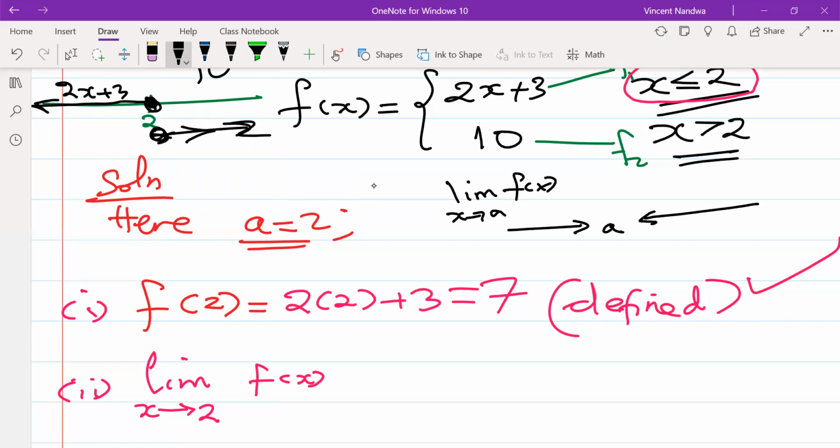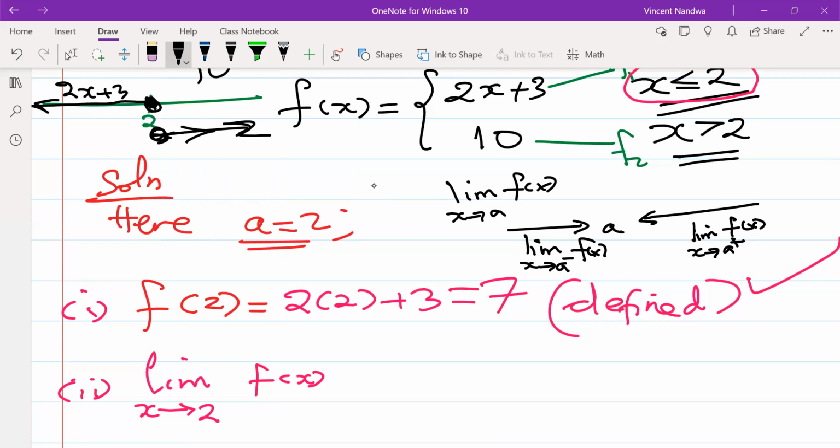So when you're moving from the left, we write limit as x approaches A, and you put a minus sign here. It does not mean that you're negating A, but you mean from the left of f of x. And from the right, you write limit as x approaches A from the right-hand side, and you put a positive sign here of f of x.